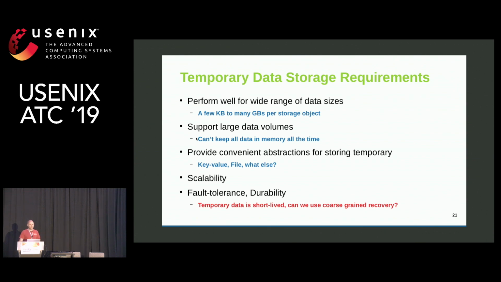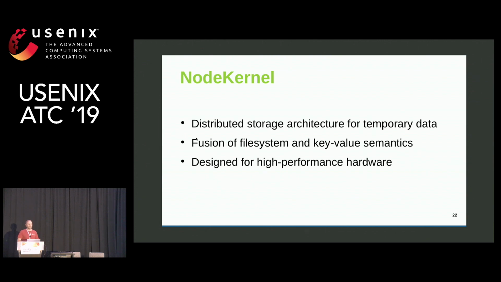So based on these requirements, we've designed NodeKernel, a new storage architecture for temporary data. At a high level, NodeKernel fuses file system semantics with key value semantics to give you the best of both worlds, if you want. It works well for small data sets, giving you low latency, and it works well for large data sets as well, giving you high bandwidth access.